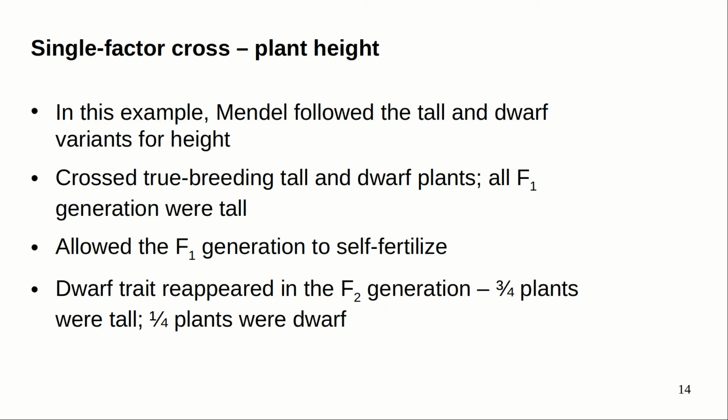It might call it single character cross. In this case, it's plant height, but it could be plant color, it could be in an animal, it could be eye color or fur color or something. But single factor, single trait, single character. So single character cross, single factor cross.